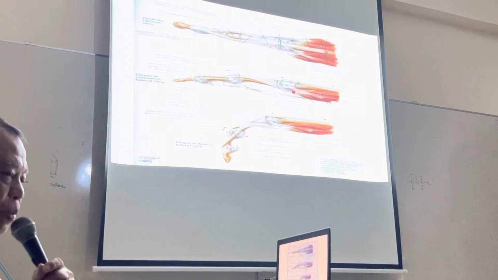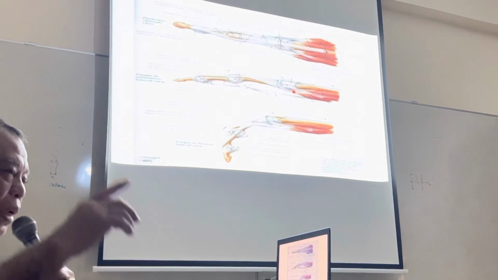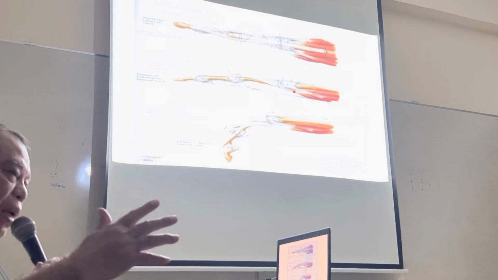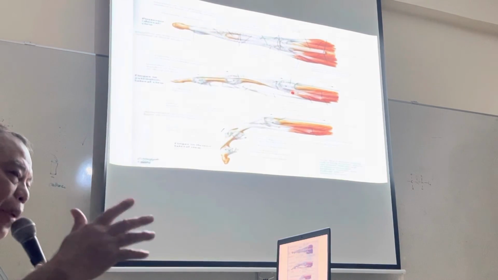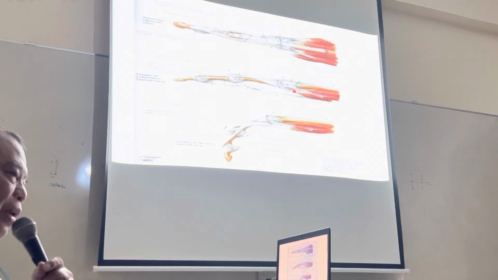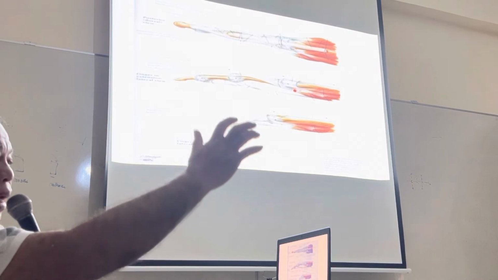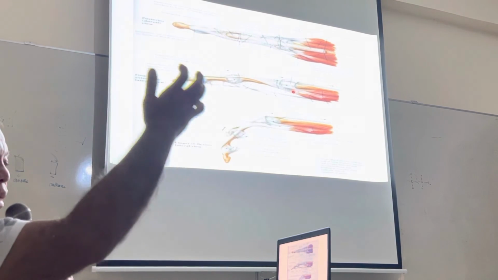The third and fourth are supplied by the ulnar nerve. The interossei, all interossei, palmar and dorsal, are supplied by the ulnar nerve. Why did I mention that? Because if you have injury to the ulnar nerve, the hand will appear like this.